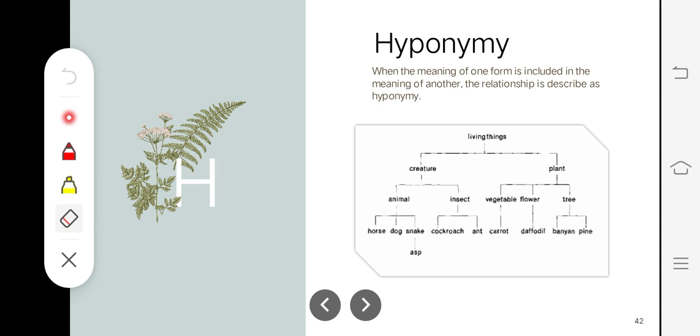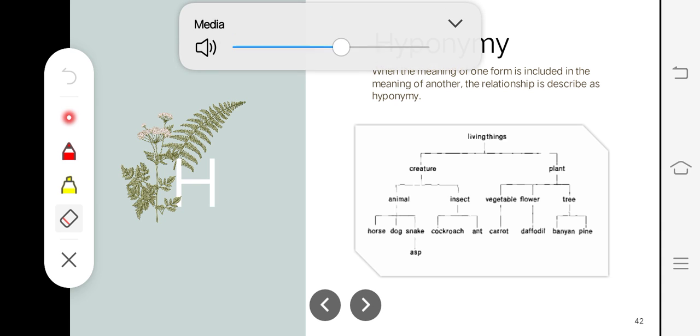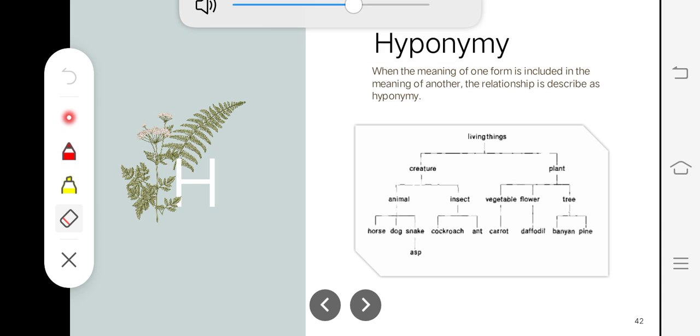Same here, snake and the others are co-hyponyms, and their superordinate is animal.